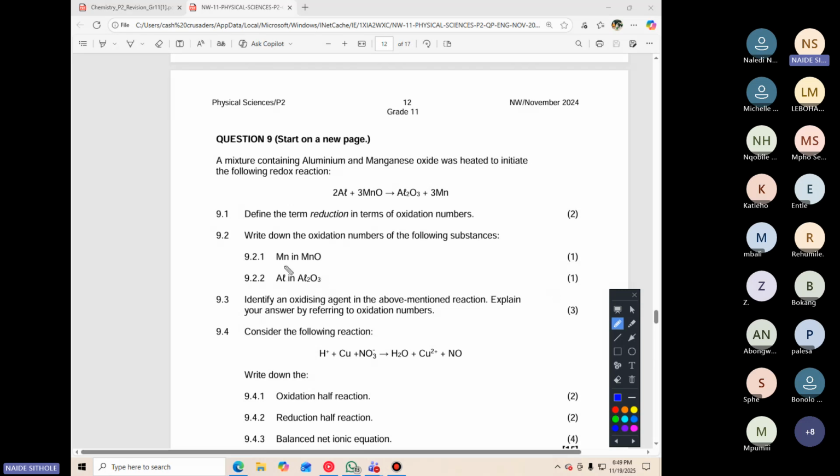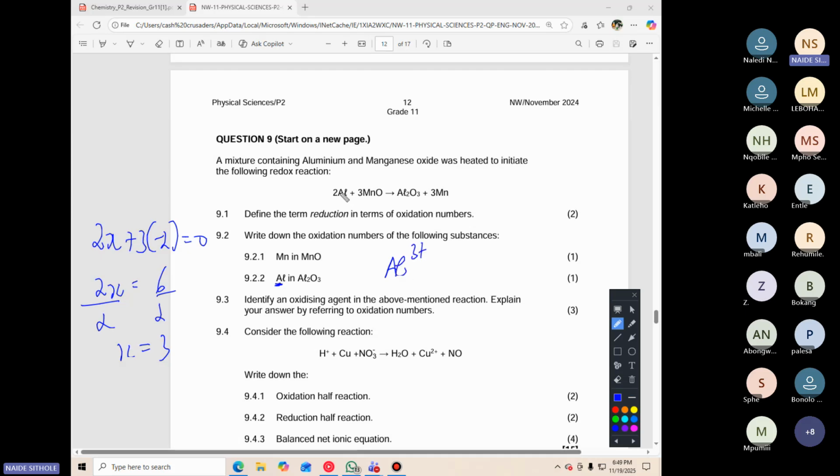We had calculated here and we found that aluminum here is what? Was it 6 that we found again when we calculate? We said 2x plus 3 multiplied by negative 2 equals 0. This is 2x and then it became positive 6 divided by 2. x is 3. So aluminum was 3+.